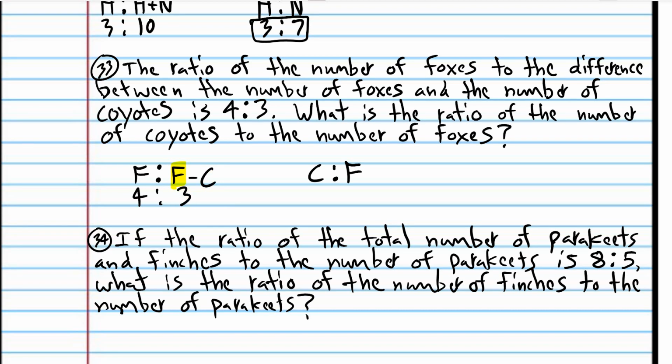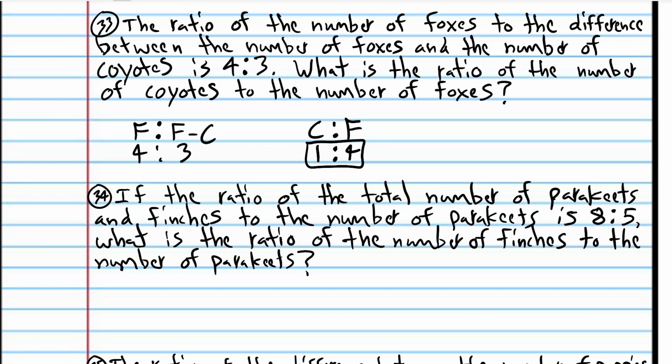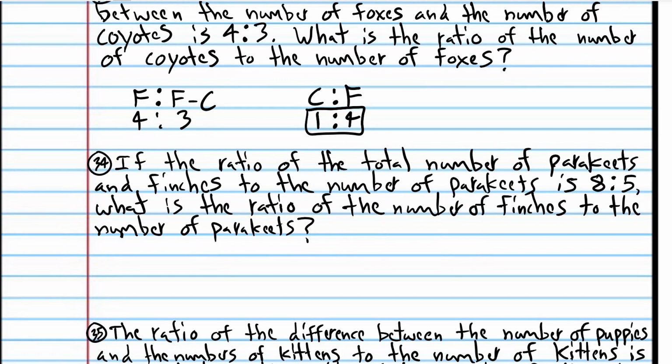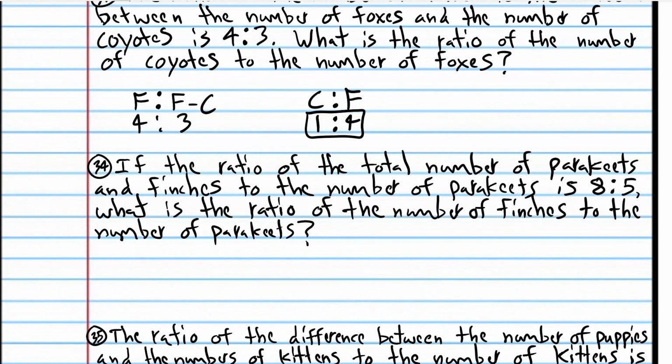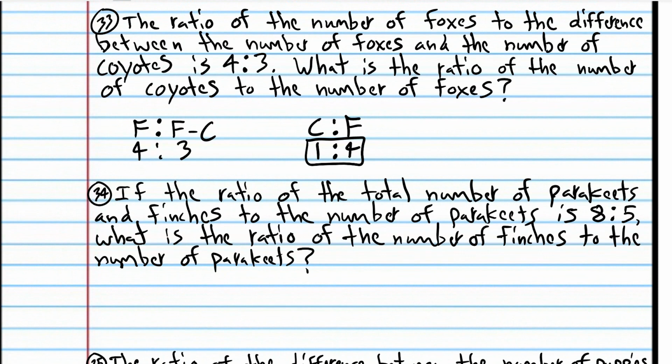So obviously there's 1 coyote. So the ratio is 1 to 4. All right, so the ratio of the number of coyotes to number of foxes is 1 to 4. So why don't you try number 34, and when you come back, we'll do it together.